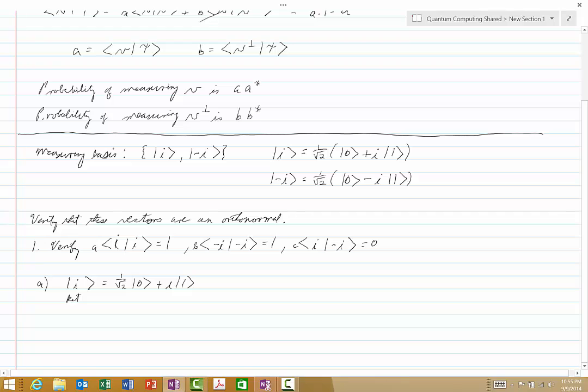Now, this notation is called a bra, and it is said to be the dual of the ket I.